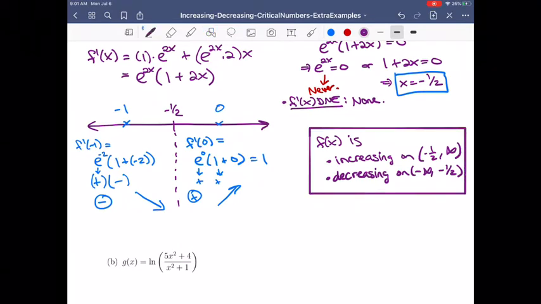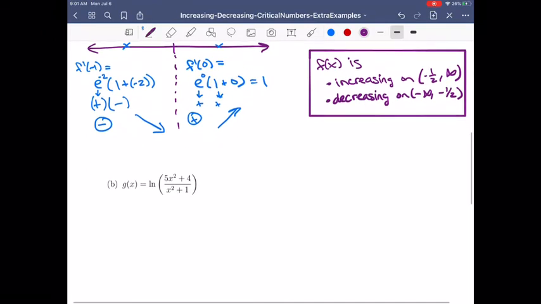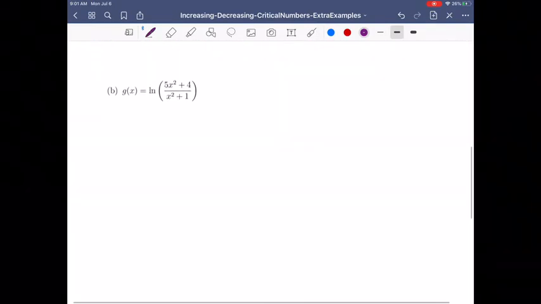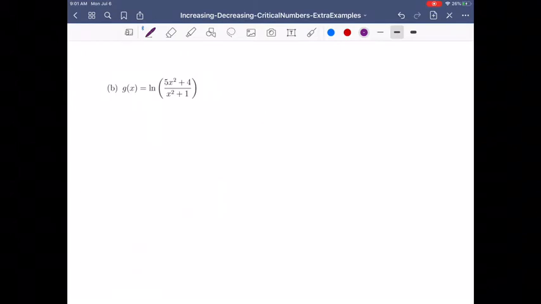Okay, a couple more. Now this one might be a bit scary because there's a ln involved. So we want to think about the domain first. So we know that ln of x needs x bigger than 0.